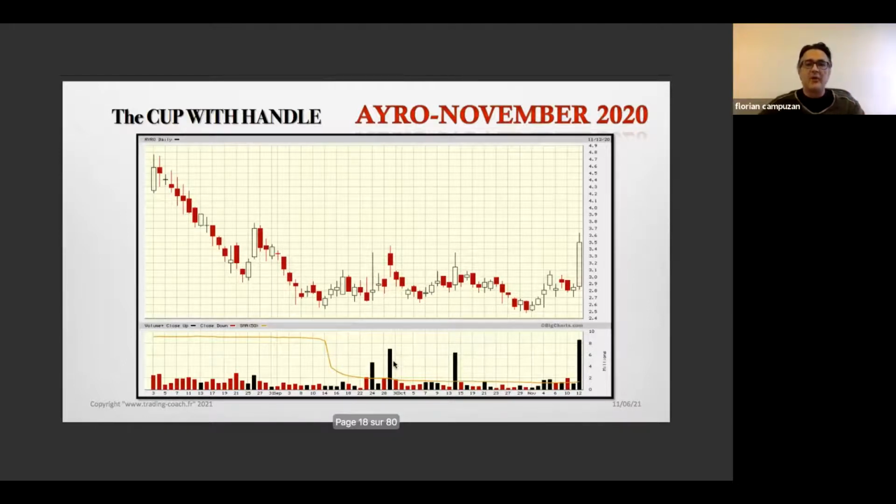If you look at this chart, you see that the biggest volume bars go with rising price bars. Okay, you understand? Here, boom, boom, boom.